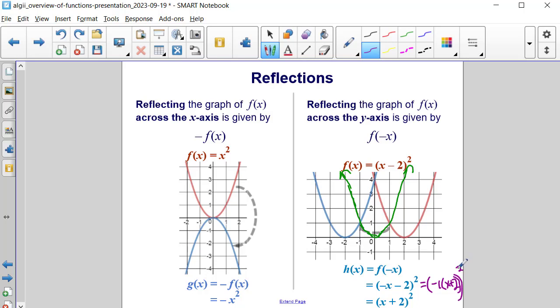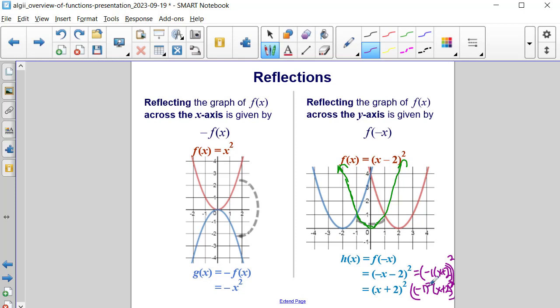And remember, through the property of exponents, you need to distribute that square to both terms. So you would end up having negative 1 quantity squared times x plus 2 squared. And then negative 1 squared is positive 1. So we are then left with this exact function, h of x is equal to x plus 2 quantity squared.